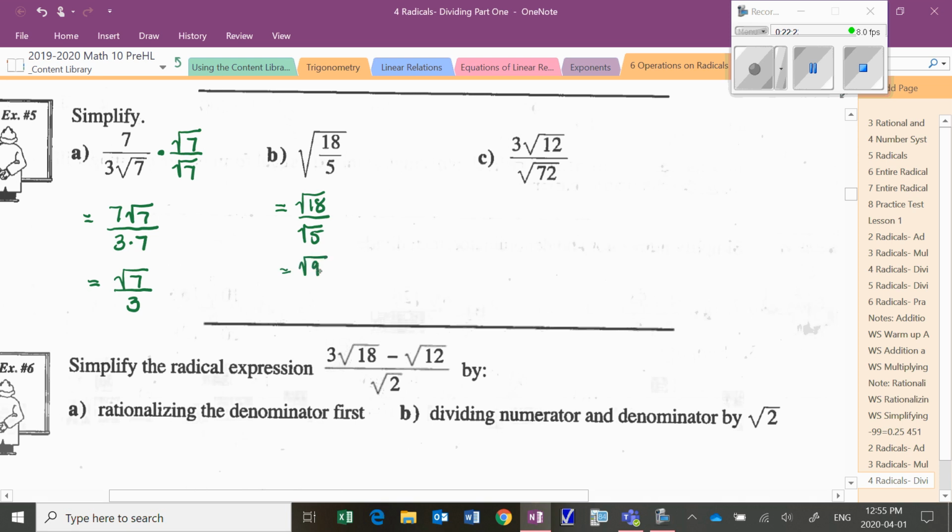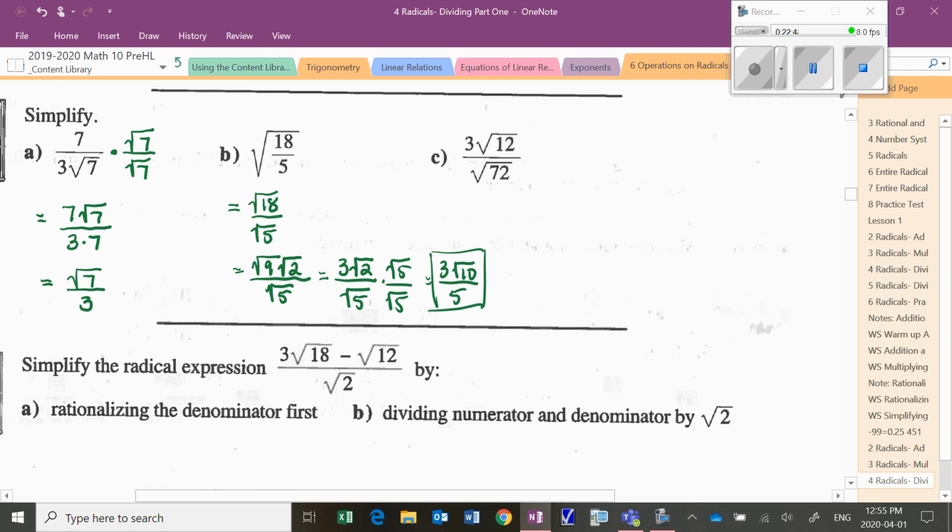So root 18 is the same as root 9 times root 2 over root 5, and so then that is the same as 3 root 2 over root 5, and then we'll multiply top and bottom by root 5 over root 5 to give us 3 root 10 over 5, and that is our simplified answer with a rational denominator.